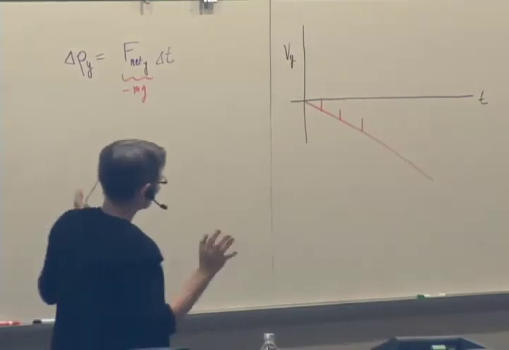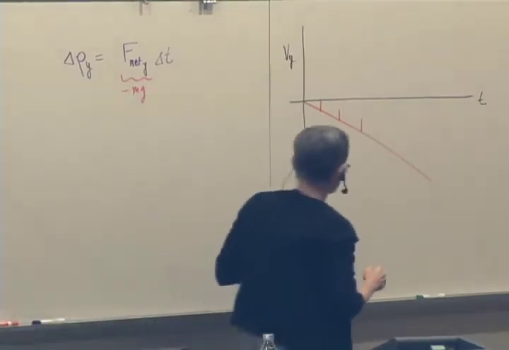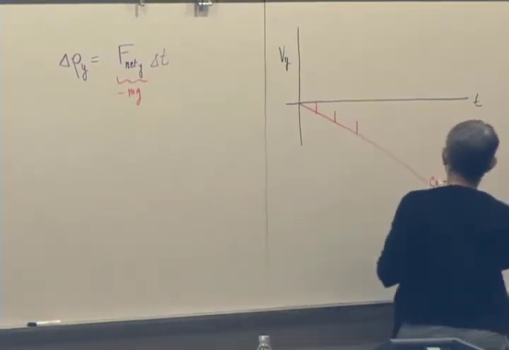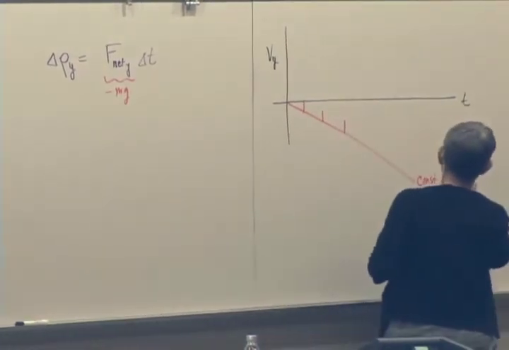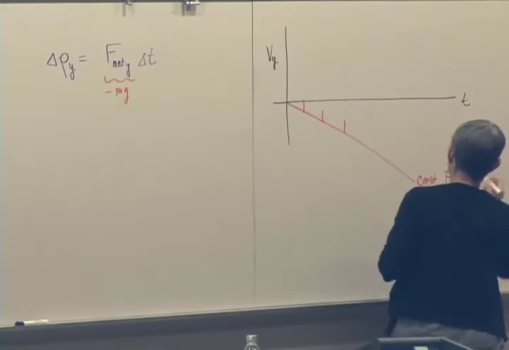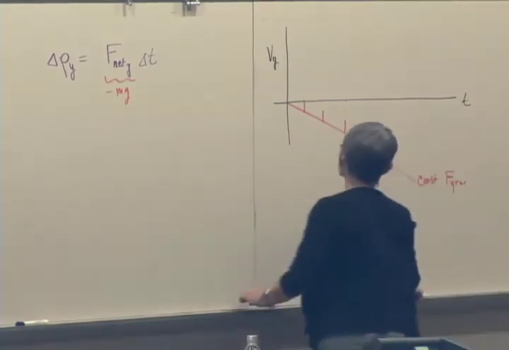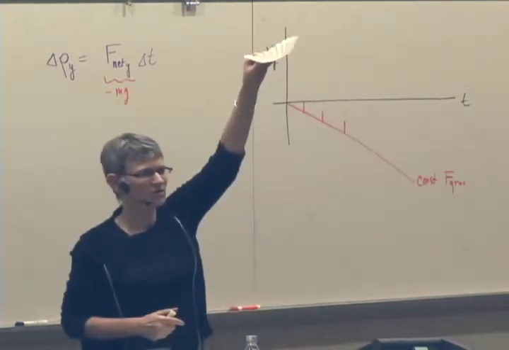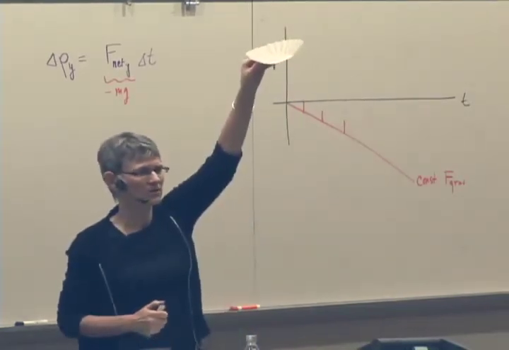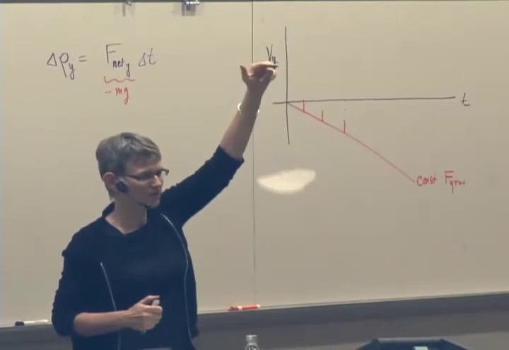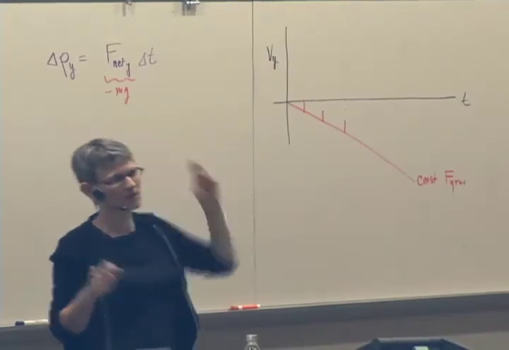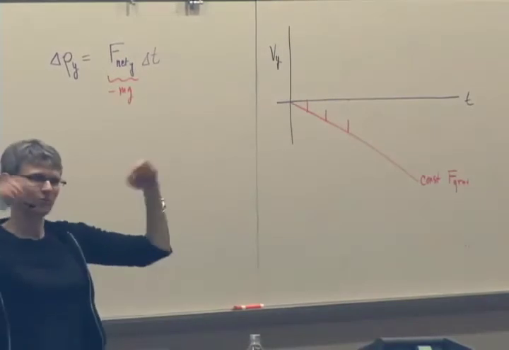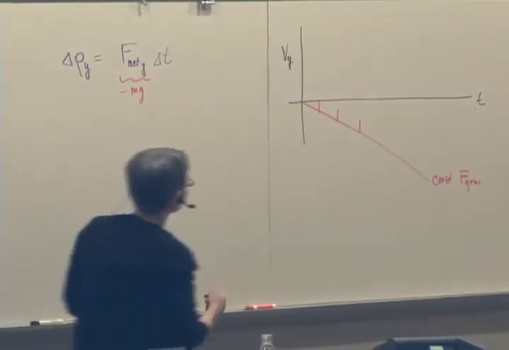What happens under the influence of air resistance, though? This is constant gravitational force. With air resistance, initially something starts to speed up, it speeds up for a little while, but then it actually falls at a constant speed. You'll get a chance, not next week because I think there isn't a lab next week, but the week after, to play with this in lab.